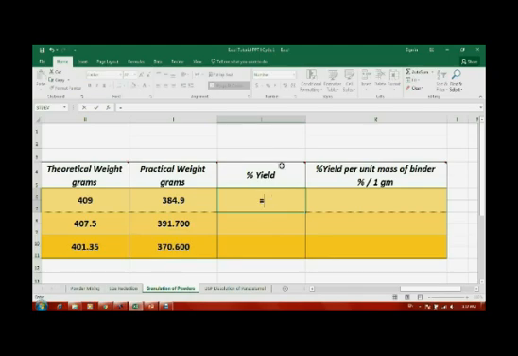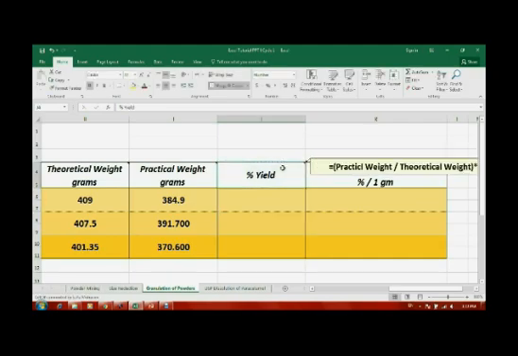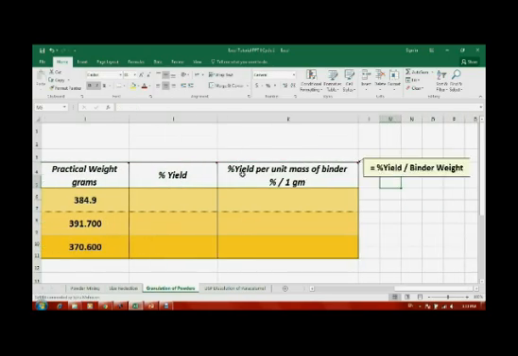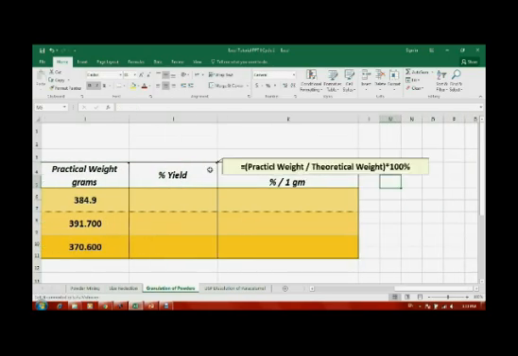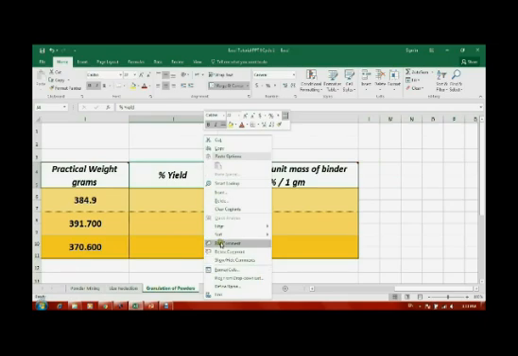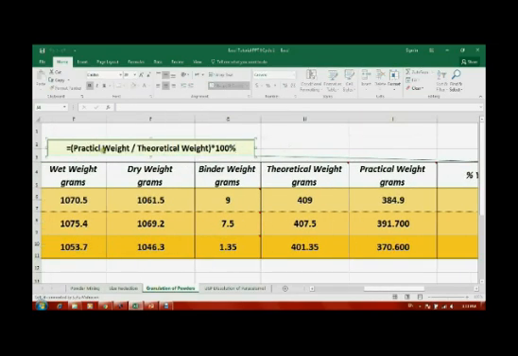You should keep in mind that the dry weight we measured is equal to the tray weight and the completely dried granules weight, while we need to calculate the practical weight, which is the completely dried granules weight or the actual weight.